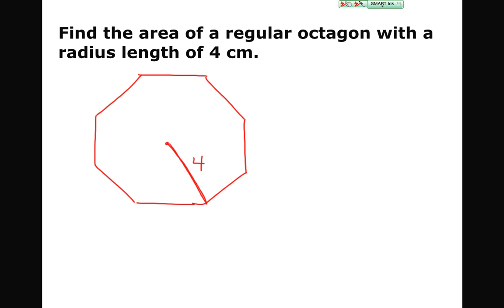What was something we started with in our last problem? We had to find the central angle. How many degrees is the central angle? 45 degrees. Okay, then when we want the apothem, we're going to divide it. So the angle that we're using now will be half of 45, 22.5.